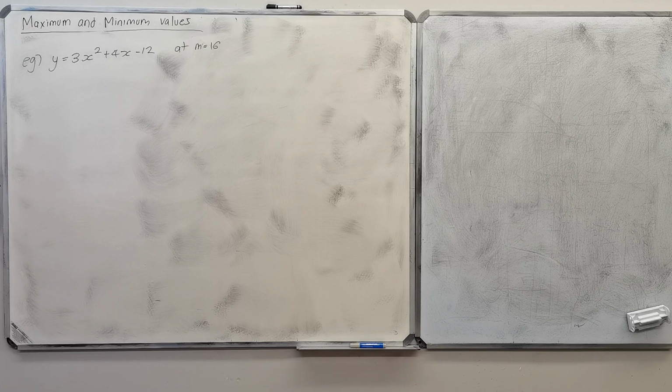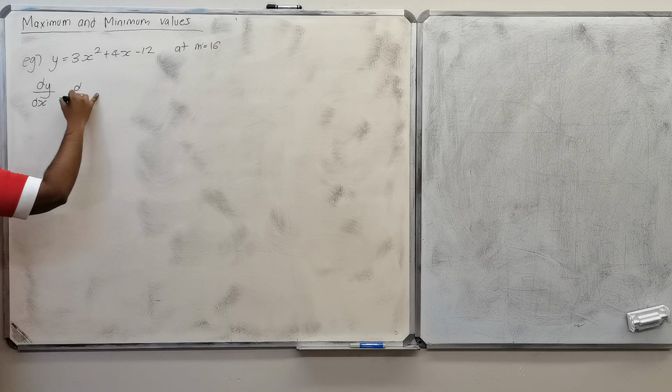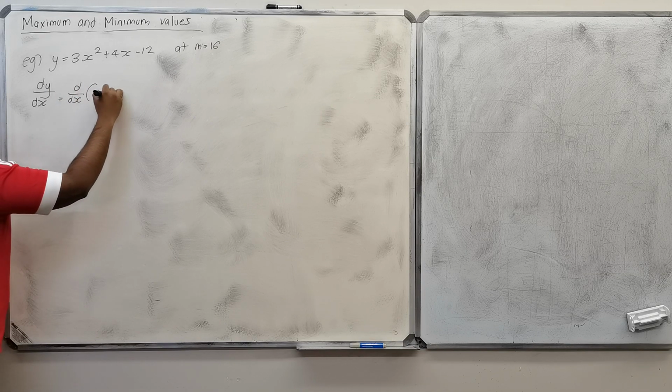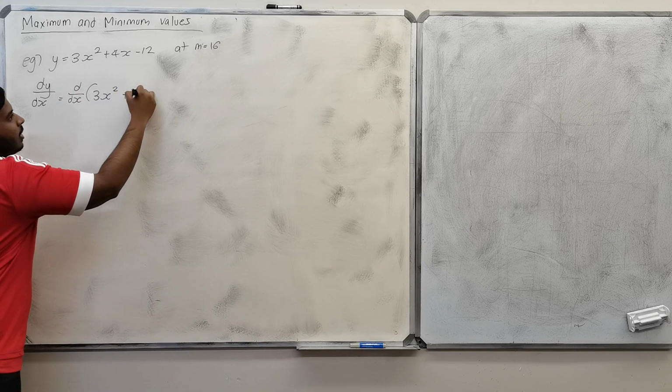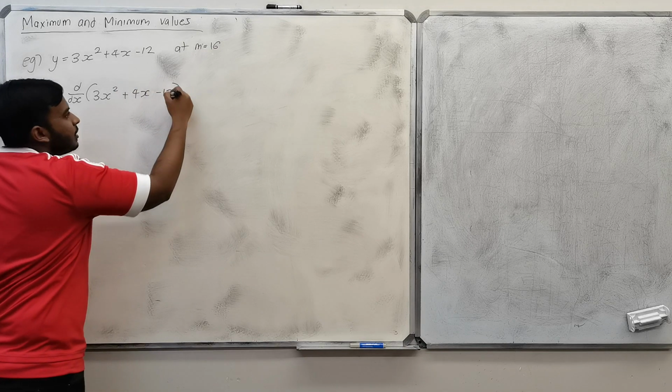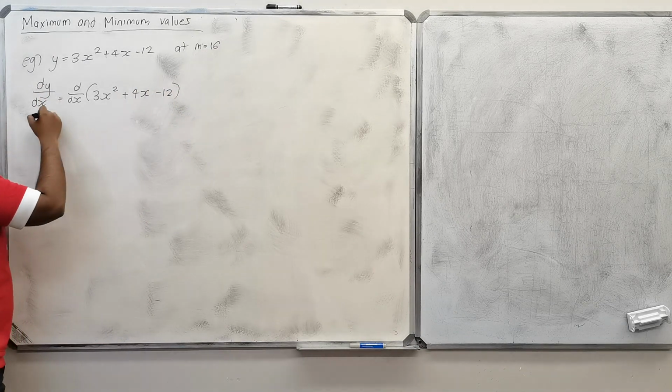Which formula will be gradient? Your first derivative. So what we need to do is derive it. dy over dx will be equal to d over dx of 3x squared plus 4x minus 12.